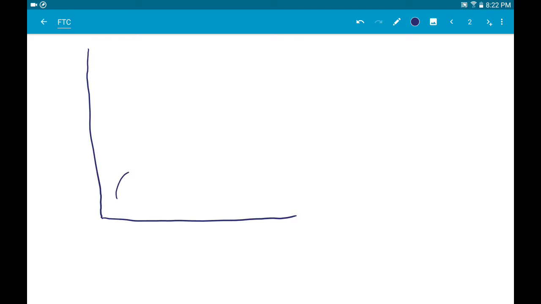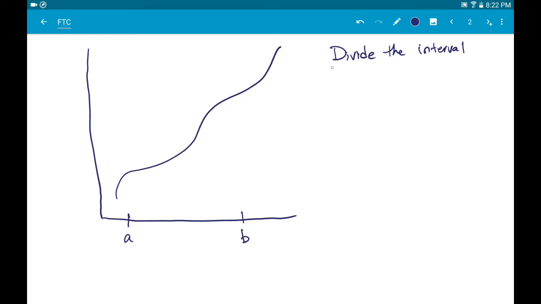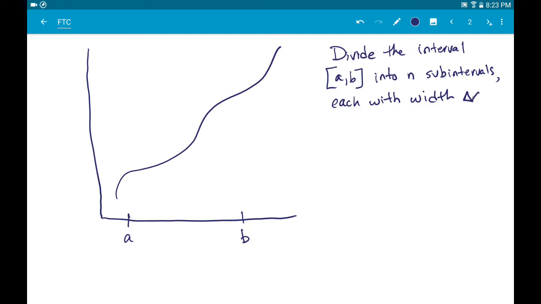And so if we're trying to find the integral of some interval a to b, we are going to divide the interval a to b into n subintervals, each with width, that's kind of fun to say, delta x.